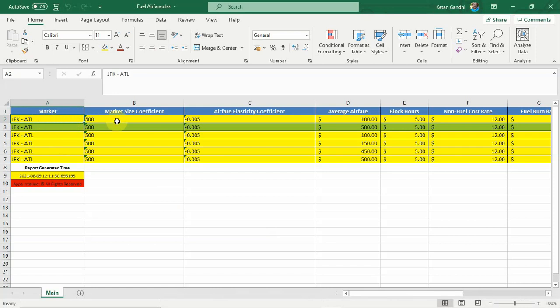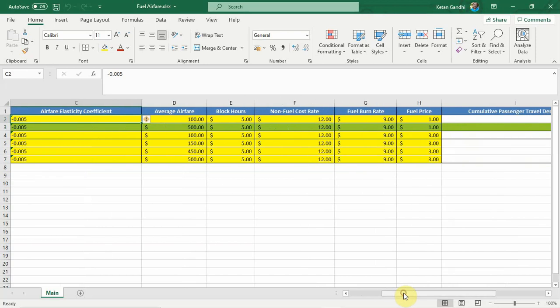Now the market size coefficient is a sort of estimation taken by an airline. So here that particular figure is 500, and then there is the airfare elasticity coefficient, which is minus 0.005 for all the examples we have taken.